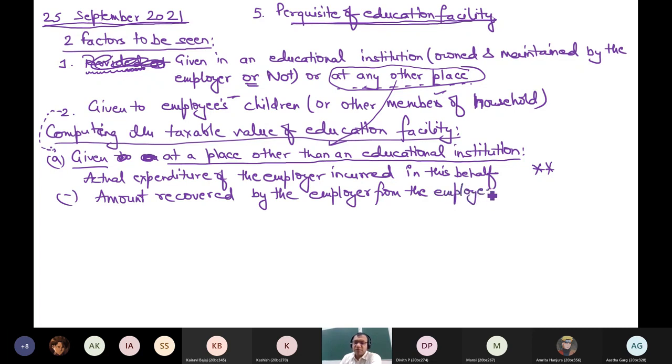Of course, everything should be for that specific purpose. Whatever amount is recovered from the employee, that is deducted. The difference is nothing but the taxable value. Is logically the concept clear? If yes, please raise your hand.